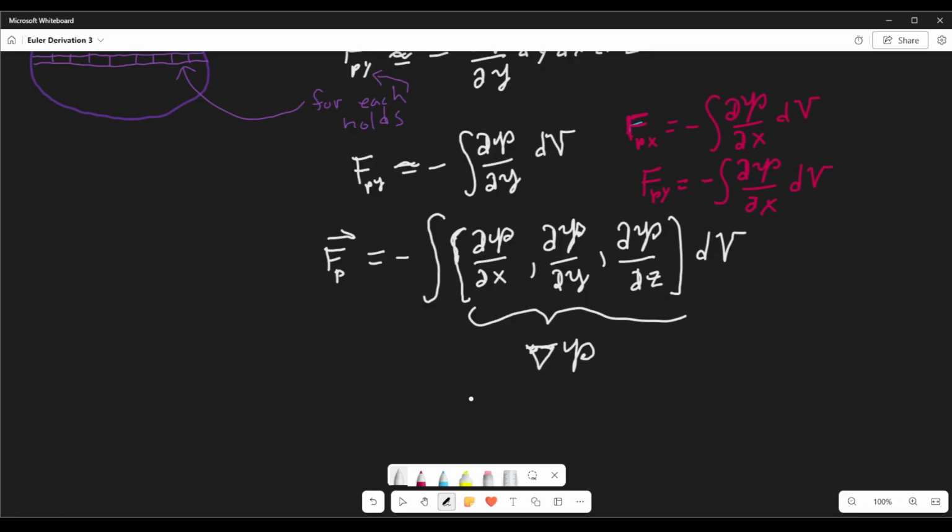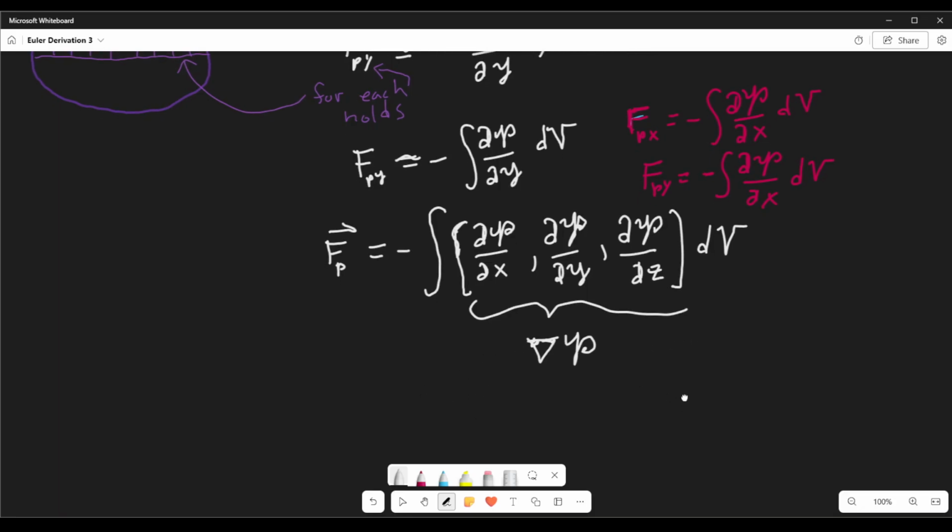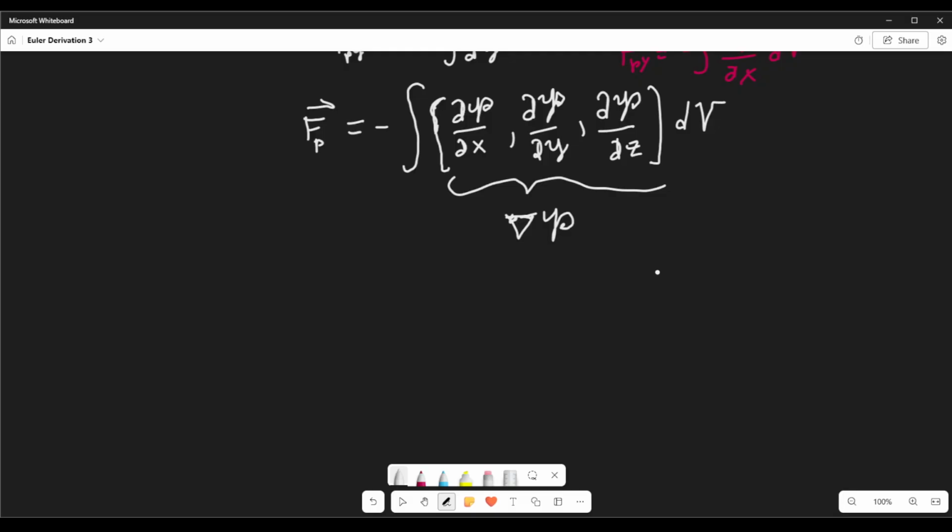So what that ultimately shows is you have this equation: force of pressure equals negative grad p times volume.